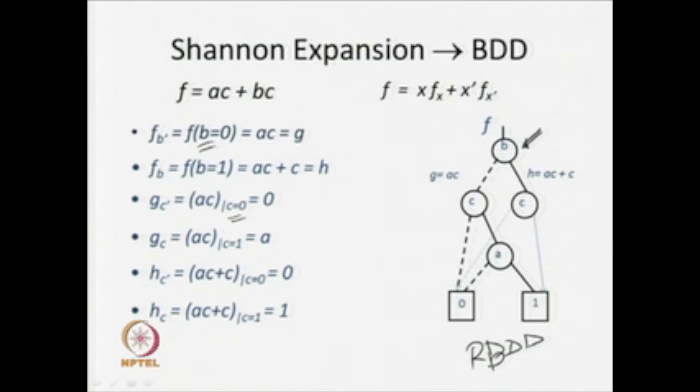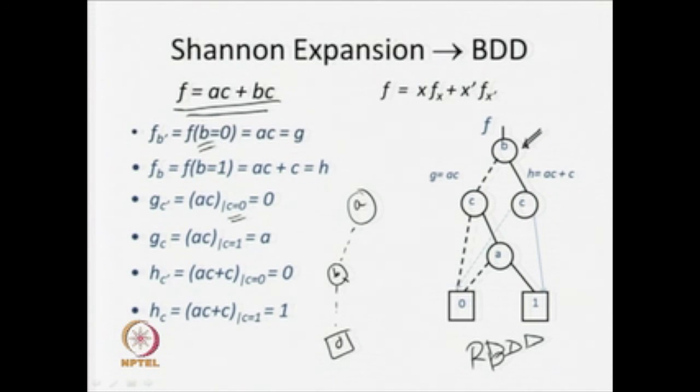So, same function I am taking, f is equal to ac plus bc. I am getting one BDD this way and another BDD this way. If b is equal to 0, I am going to get 0.